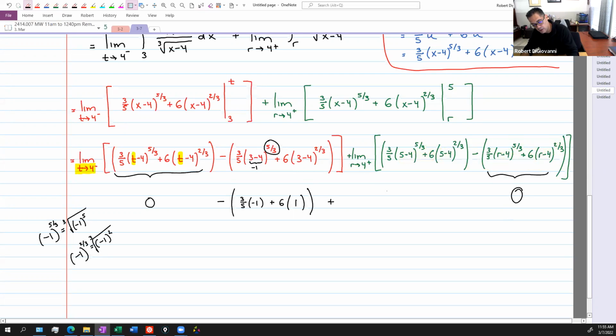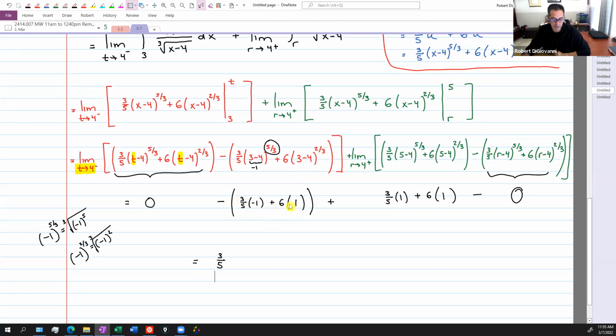So I should have plus 3/5 times 1 plus 6 times 1, minus nothing. This right here is going to be -3/5, but I'm subtracting it, so that's 3/5.